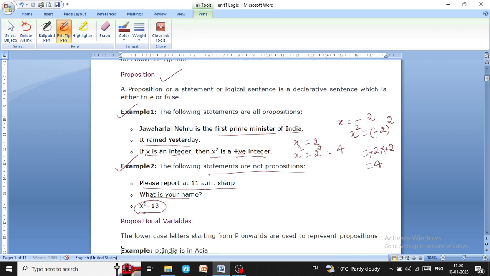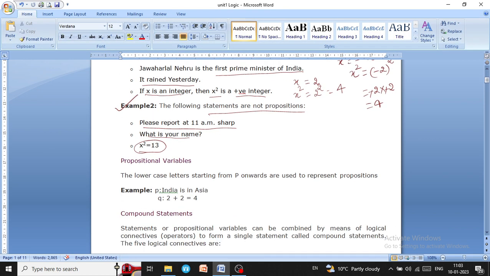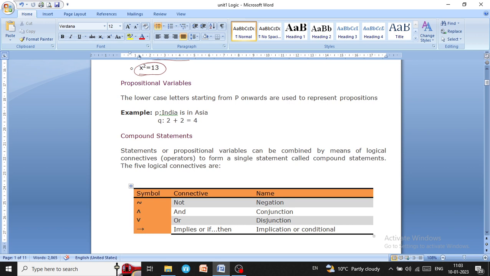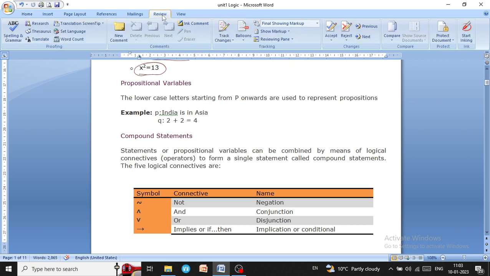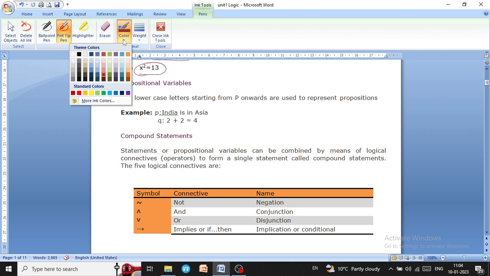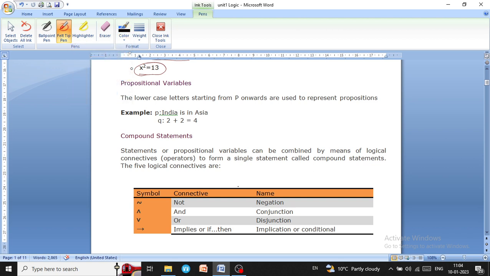Now the next point is propositional variables. Propositional variables means the lowercase letters starting from p onwards, which are used to represent propositions.